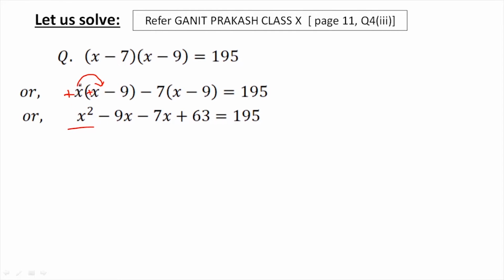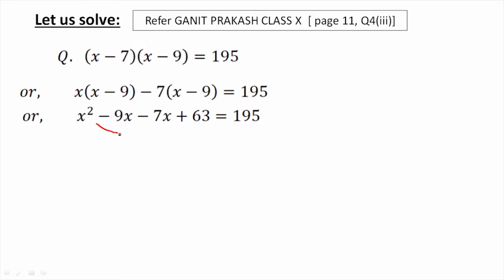Again, x into 9 gives us 9x, and plus into minus gives us minus 9x. 7 into x gives us 7x, and minus into plus gives us minus 7x. And 7 into 9 gives us 63, and minus into minus gives us plus. So this is equal to 195. This is what we get after multiplication.